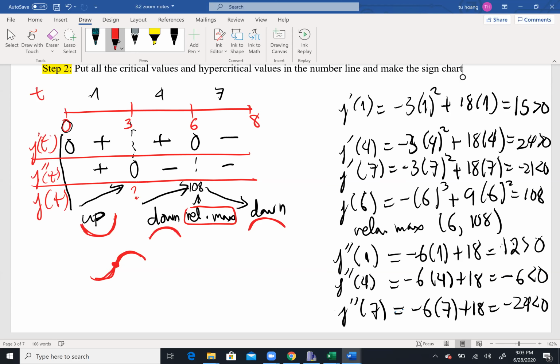You will have the middle point, the transition point, which is called an inflection point. So in this case, this is the inflection point at t equal to 3.